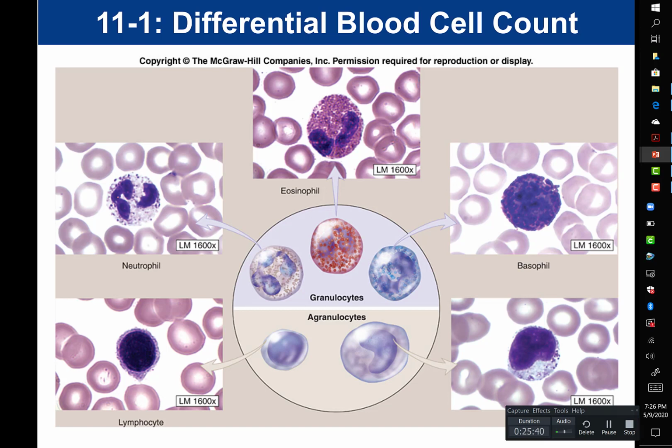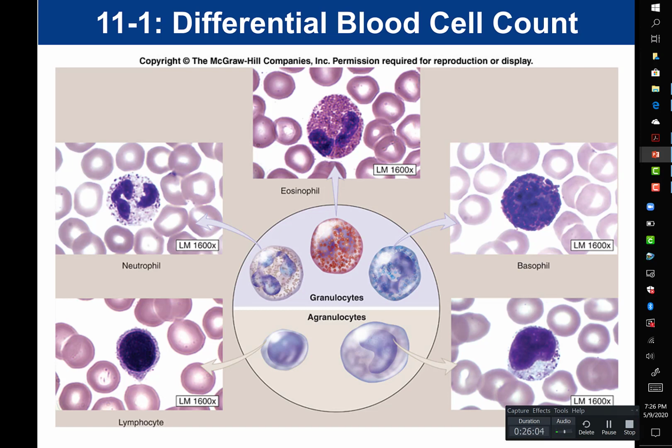So here's one lobe, here's another. So this one has 2 lobes. We have our eosinophil. Again, it kind of looks like our little alien eyes. It has 2 nuclei. And the key for this is the red cytoplasmic granules. We have our basophil. Basophils have the dark purple cytoplasmic granules.